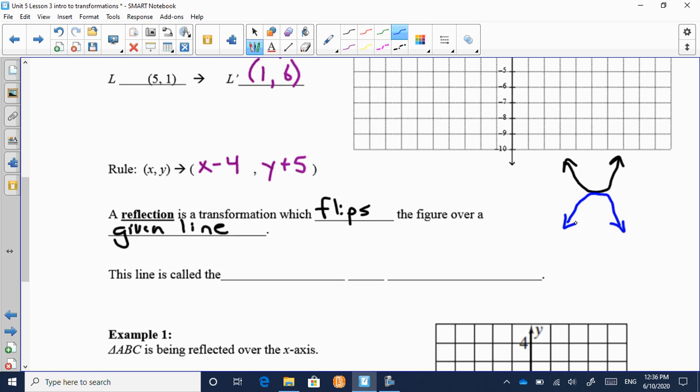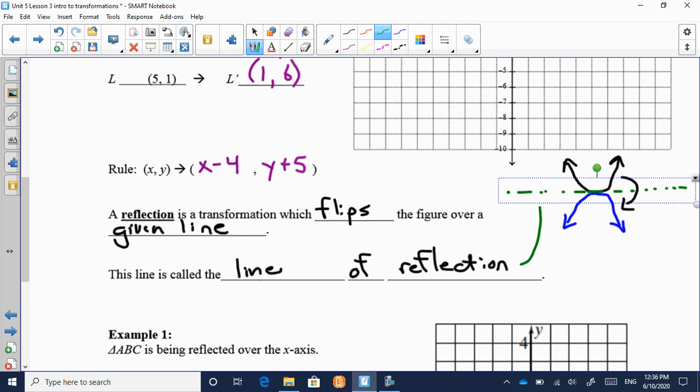So that's the flipping of it. Okay, the line is called the line of reflection. Okay, so in this case, the line of reflection, I'll pick a different color, would be right there.